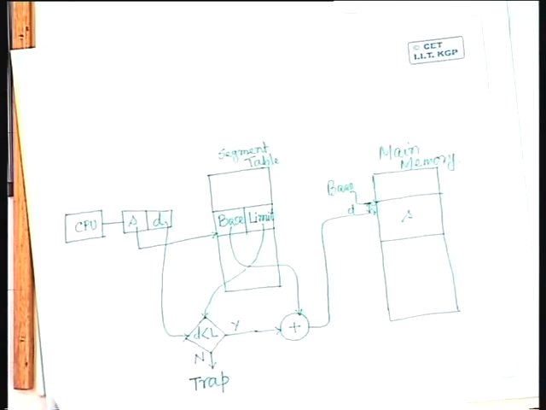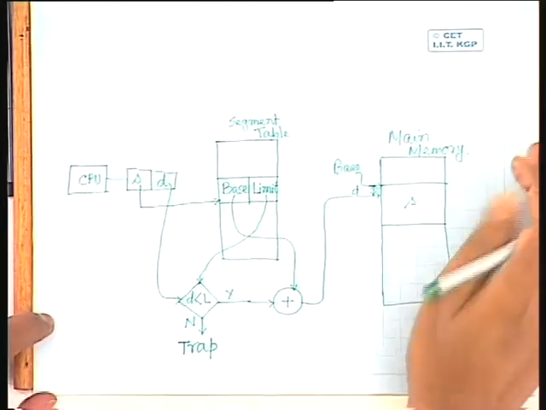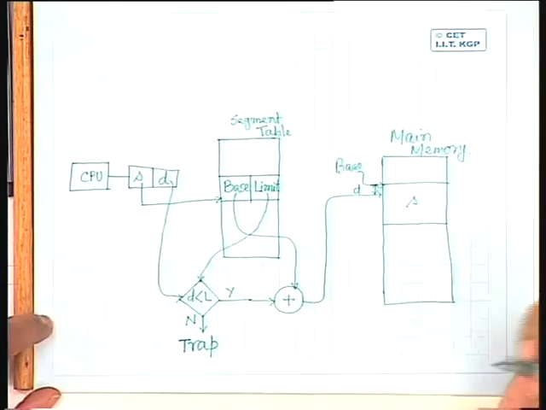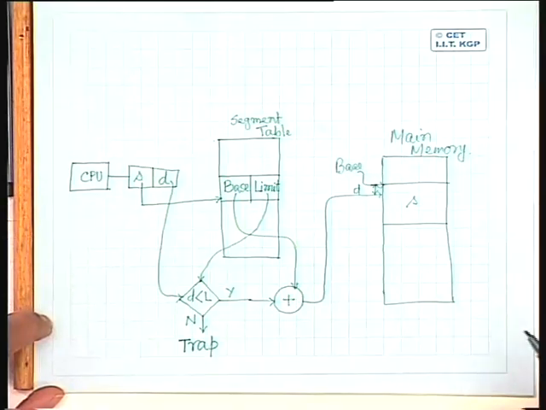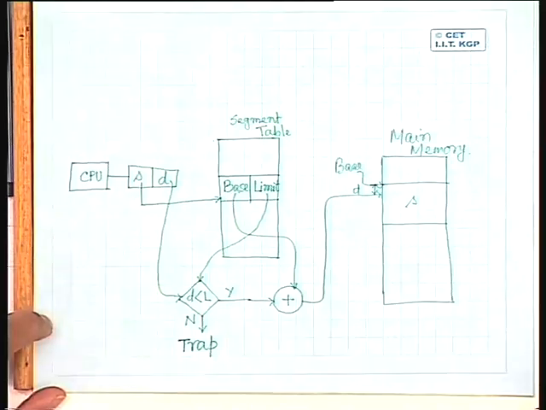So we find that we have two different techniques. The problem in segmented memory management, apart from sharing, is that I have to maintain different memory partitions of variable sizes. So main memory management may be slightly more difficult than in paged memory management, because in paged memory management the partitioning is predefined.